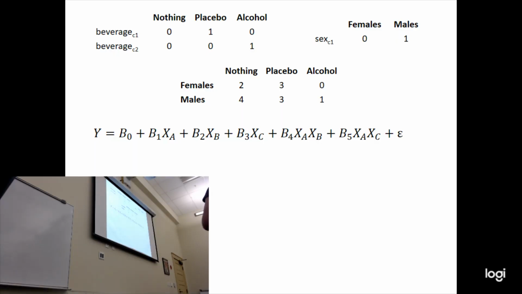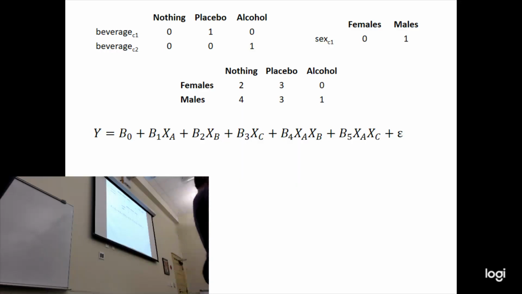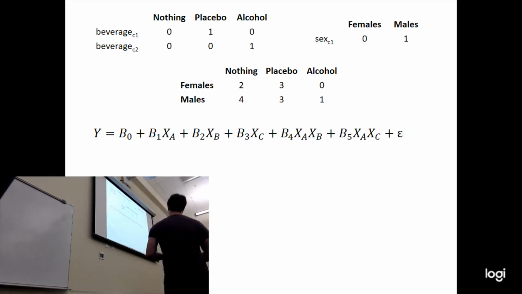First of all, what does the C1 contrast for beverage condition even represent? It's the mean difference between nothing and placebo. Great. So that contrast is going to be allowed to interact with sex. And sex is coded such that 0 represents females.